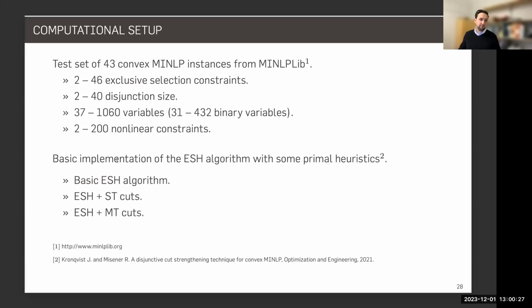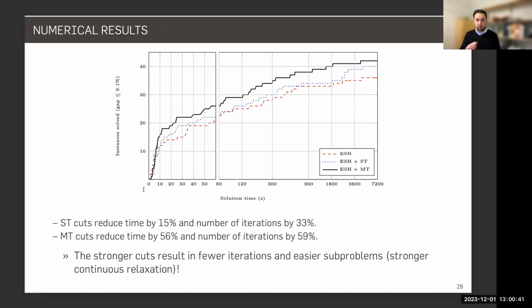So we tested this on a basic implementation of the ESH algorithm together with some primal heuristics. So we have a good baseline, and we use the same base algorithm together with the single tightening and the multi-tightening. And the result is that we obtain overall speed up with the single tightening, and we do a little bit better also with the multi-tightening.